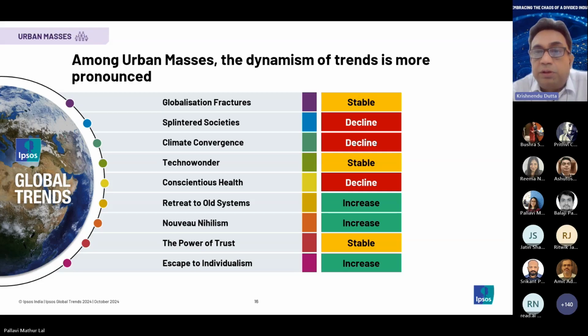Right at the outset, to bring this to life, we can see that there's a lot more stability among the trends of this cohort when compared to the urban masses. When we spoke about this cohort last time, we said that a lot of the trends were being driven by digital fatigue.